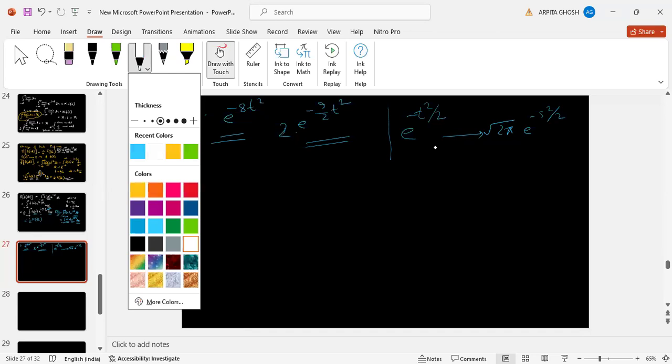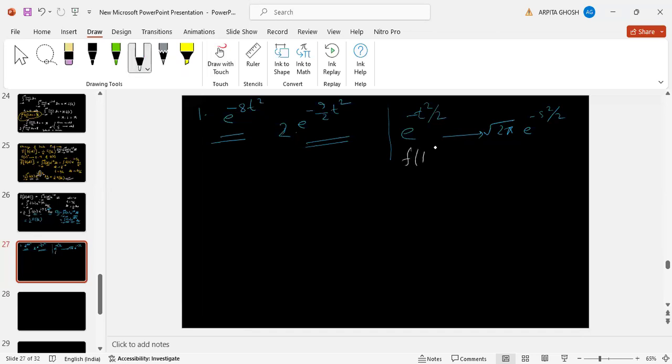So if this is your f of t, this is your capital F of s. This is your Fourier transform.